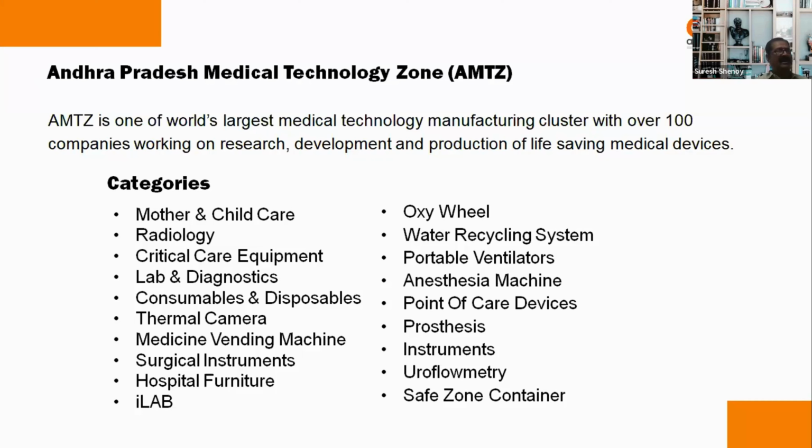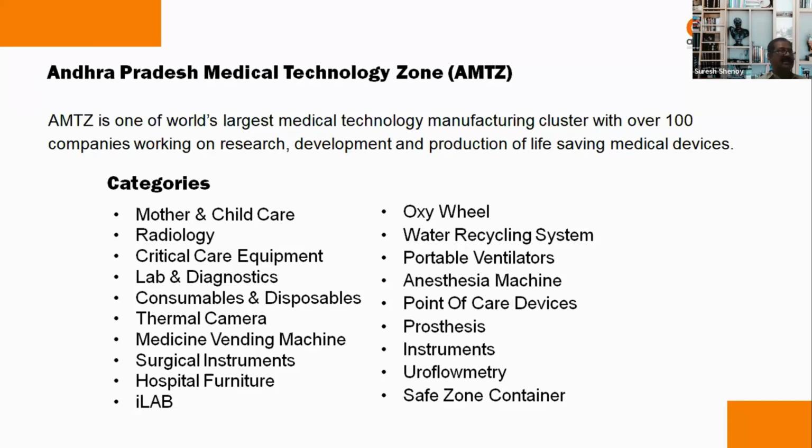And they have equipments belonging to various categories like mother and child care, radiology, critical care equipments, lab and diagnostics, most of these things they have. And the cost is also very, very less.